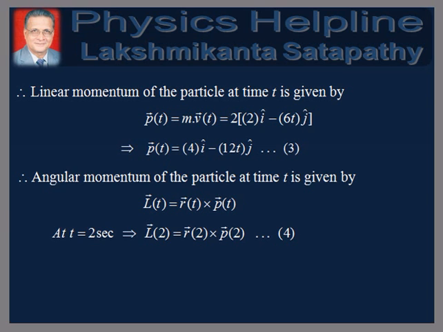Therefore, angular momentum can be obtained by using the equation L(t) = r(t) cross p(t). Therefore, at t equal to 2 seconds, we have L(2) = r(2) cross p(2).